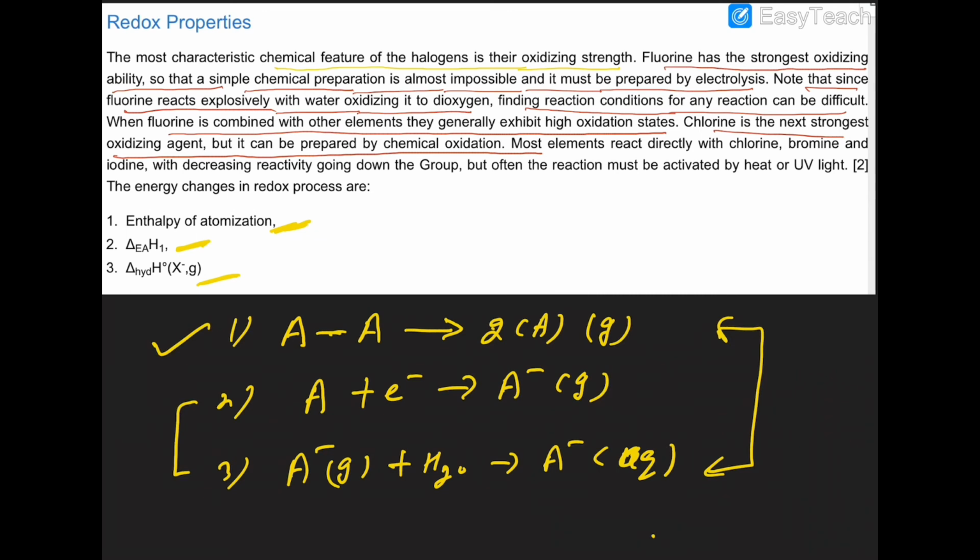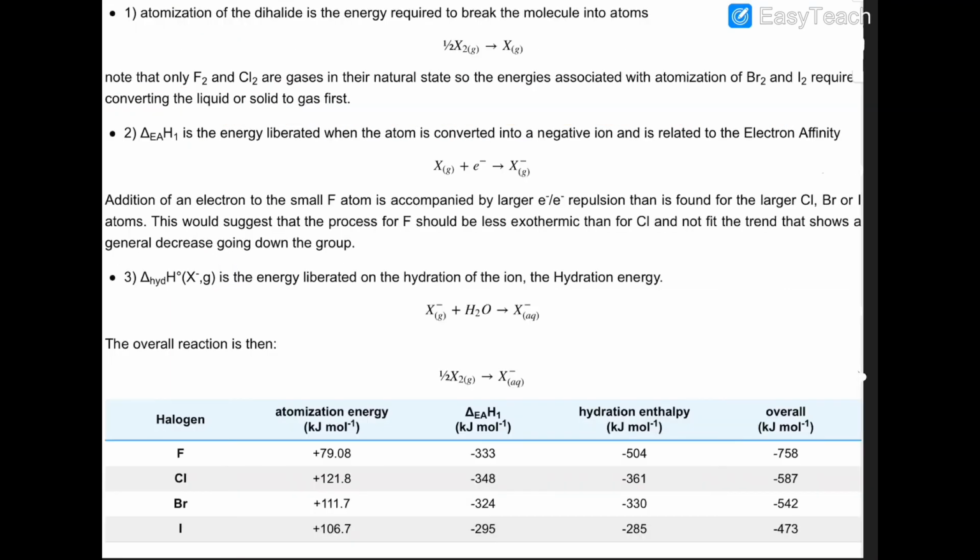Okay. The energy changes in the redox reactions are of these three: enthalpy of atomization, enthalpy of electron gain, and enthalpy of hydration. Atomization of the dihalide is the energy required to break the molecule into atoms. So you have to convert molecule into atoms.